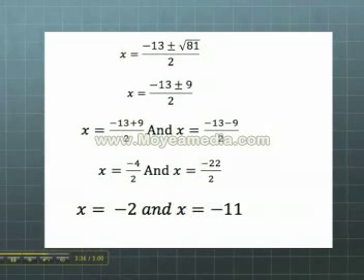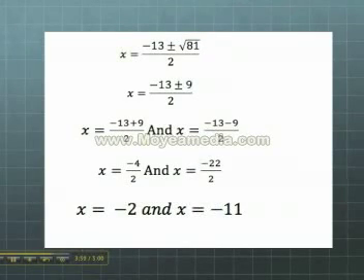The square root of 81 is a perfect square, so it is 9, since 9 times 9 equals 81, and I got x equals negative 13 plus or minus 9, divided by 2. According to the plus or minus, you have to evaluate the expression twice, one by addition and the other by subtraction.